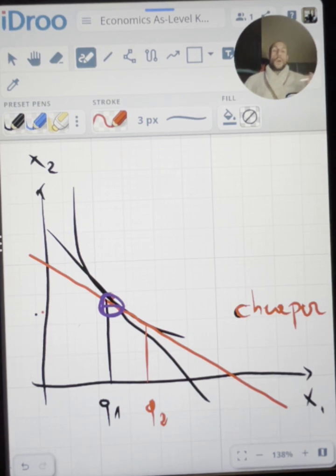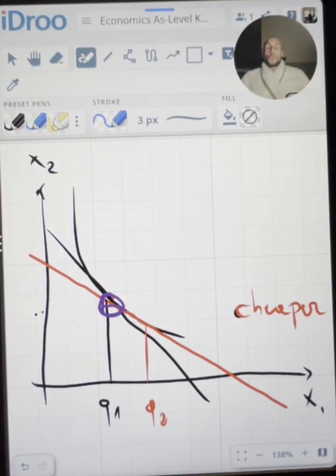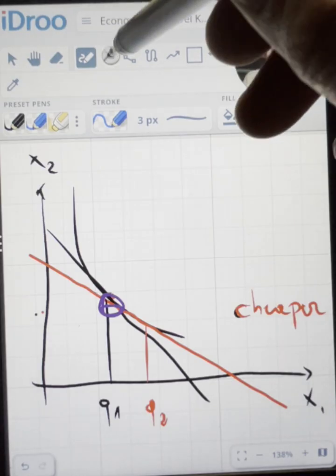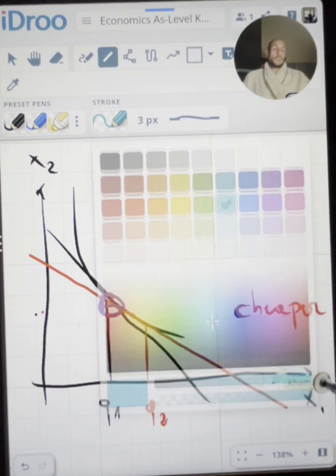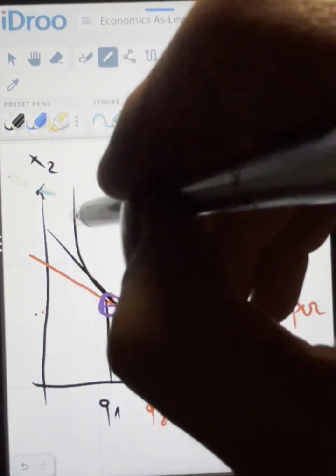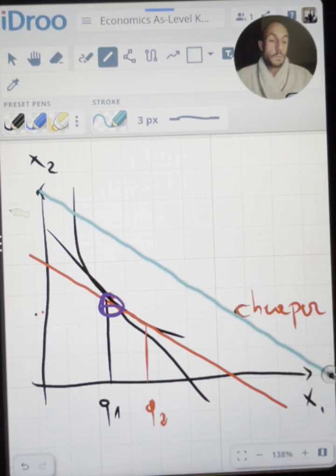But then, what happens if your income rose? If our income grows, well, the line will move up, somewhere like here.